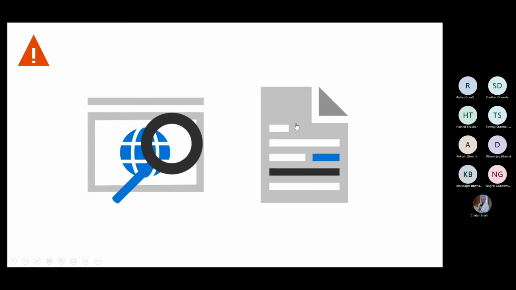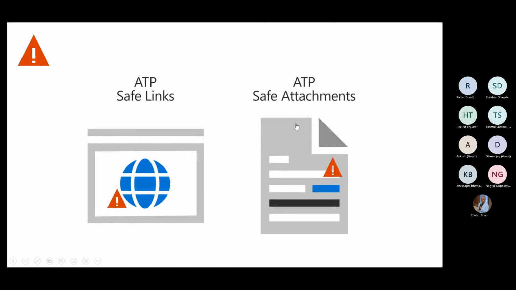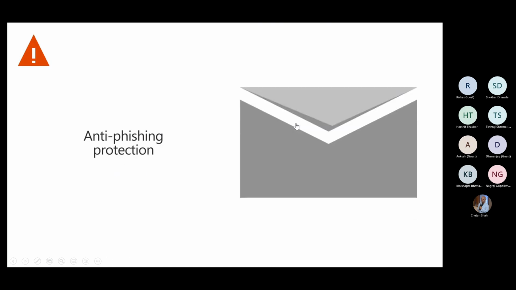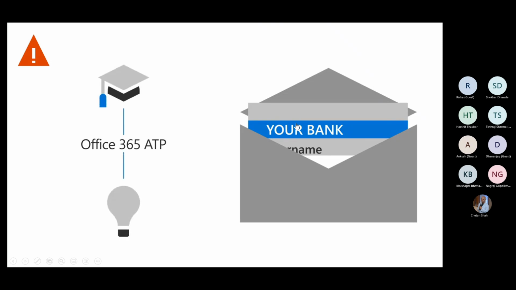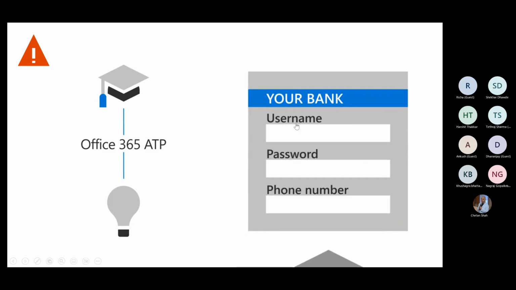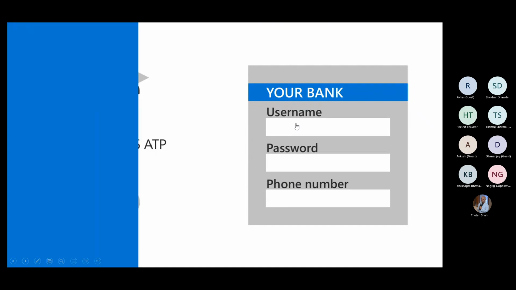Scan for malicious links and malware in emails and Office docs by using ATP Safe Links and ATP Safe Attachments. Microsoft provides basic anti-phishing protection for everyone, but Office 365 ATP uses advanced learning and intelligence to automatically shut down new threats, such as criminals that try to obtain your personal information via deceptive emails.